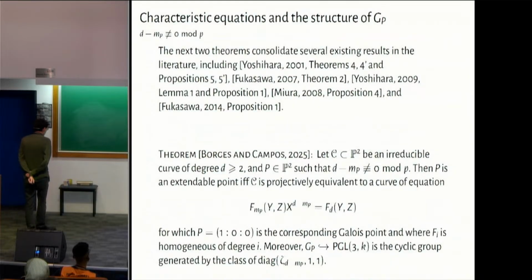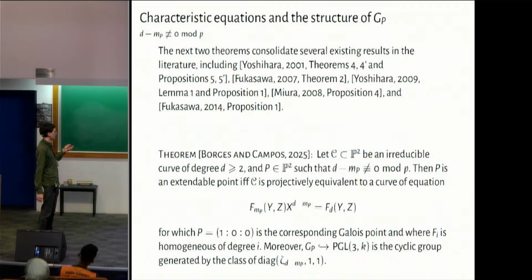Well, the first and most important results to study Galois points, extendable Galois points for singular curves, are these two, and they basically say that we know exactly what the equation for the curve is when it has an extendable Galois point, and it depends only on this difference right here, the degree of the curve minus the multiplicity of the point.